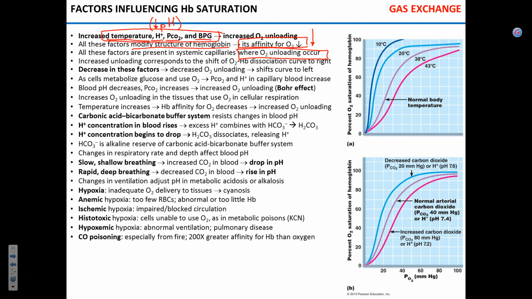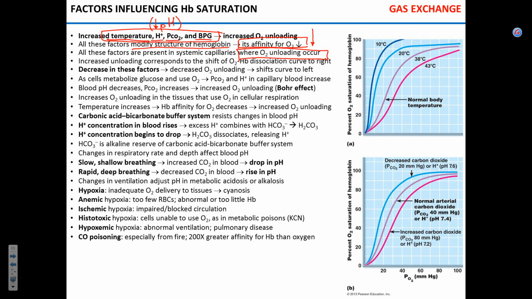So all these factors, CO2, temperature, hydrogen ion concentration, meaning acidity, and BPG concentration, are elevated in the tissues.